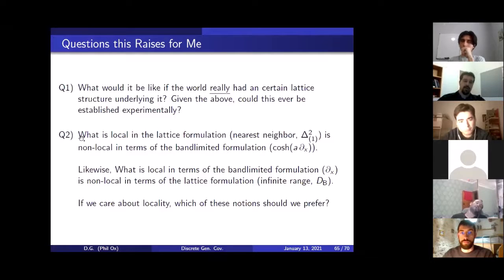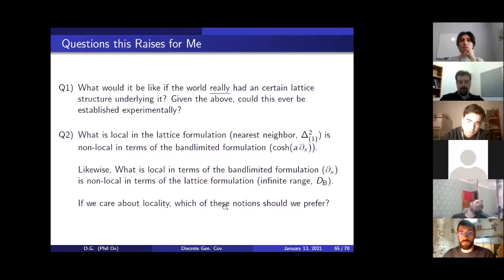Anyway, a puzzle that arises with this is that what's local in the lattice formulation, in terms of nearest neighbors, is non-local in terms of the band-limited formulation. It involves all these really high derivatives. And likewise, what's local in the band-limited formulation, which is just the derivative, is non-local in terms of the lattice formulation. It has an infinite range derivative associated with it. So if we want our theories to be local, which of these notions of locality should we demand our theory has?